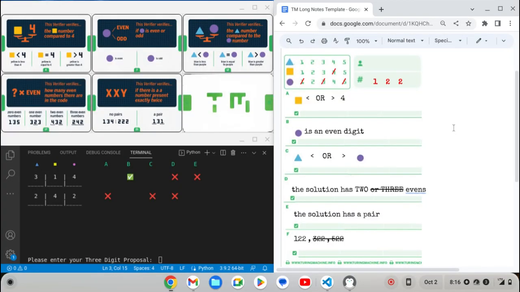And then we'd, let's see, yes, circle's even. I believe it to be the paired. So it's another 2. And again, we'd be deducing that triangle has to be smaller than circle. There are 2 evens, and there's a pair. Yeah, we can't have 3 evens.